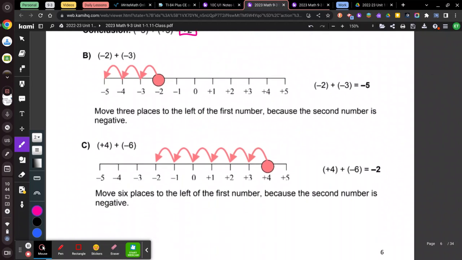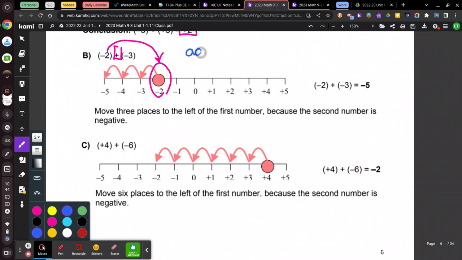They did B all together in one step. So they drew their number line. They located the first number. And then it says add -3. So you're going to be adding, okay, but I'm adding a negative. If you're adding a positive, you move to the right. When we add negatives, we move to the left. So we have to write that down.